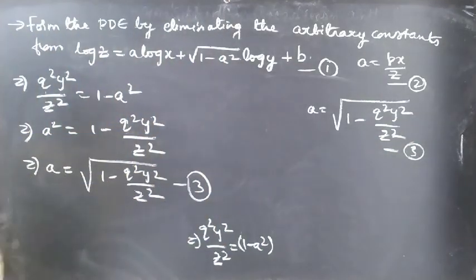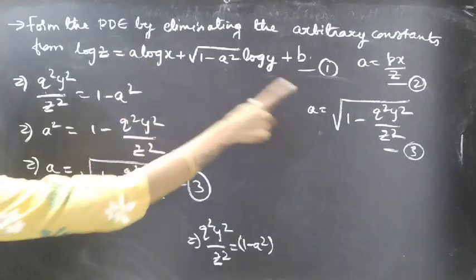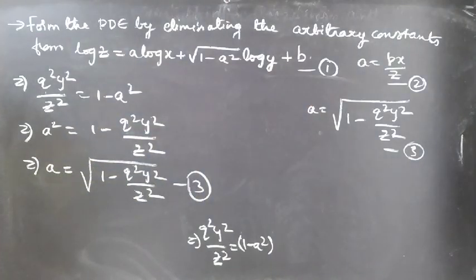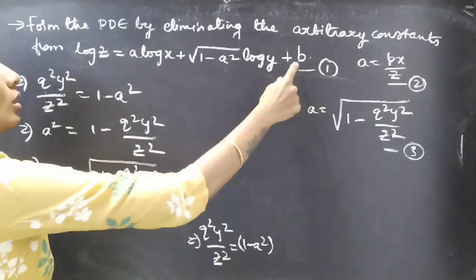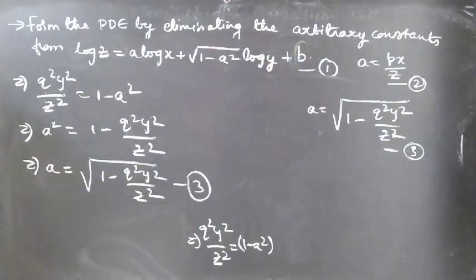Now observe 1, 2 and 3. See, 2 and 3 give a equal to px by z and a equal to square root of 1 minus q square y square by z square, right? So you can replace this a by either of these two, but by replacing with either of these two, this arbitrary constant b won't get eliminated from 1.